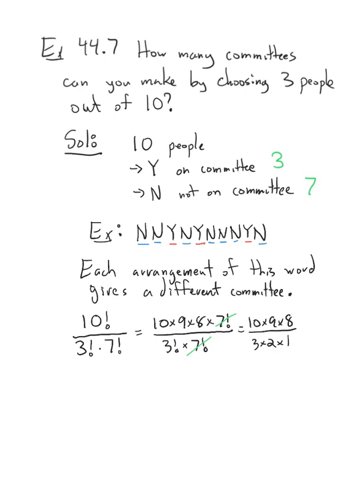I see a factor of 3 in the 9, and I see a factor of 2 in the 8. So this is 10 times 3 times 4, which is 120 different committees.